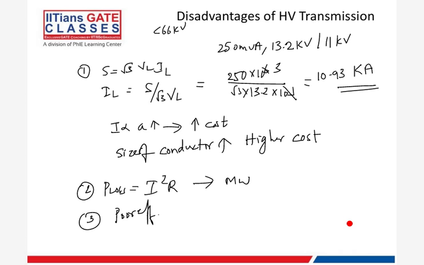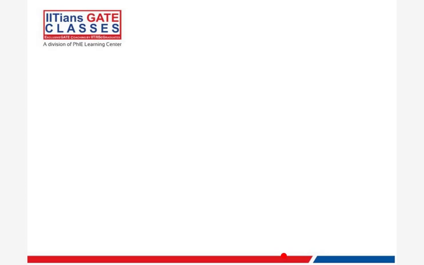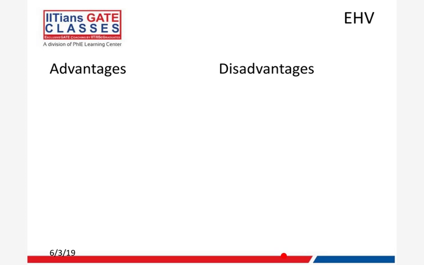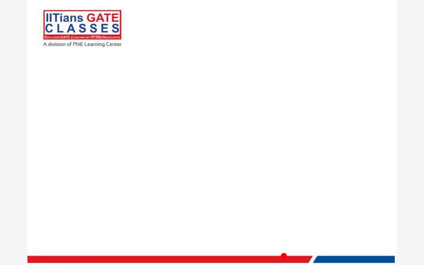So how can we deal with this? Since S is equal to root 3 VL IL, if we want the current to be less, we have to increase the voltage.